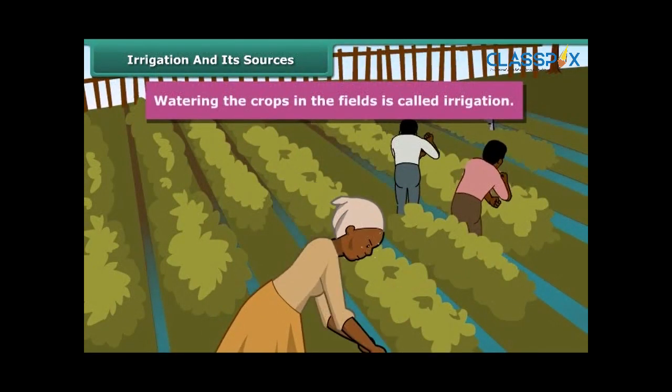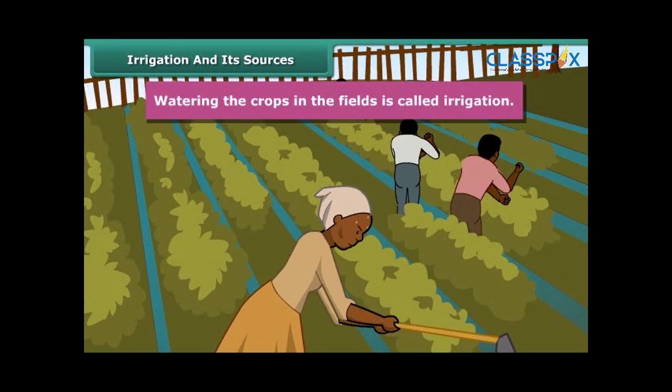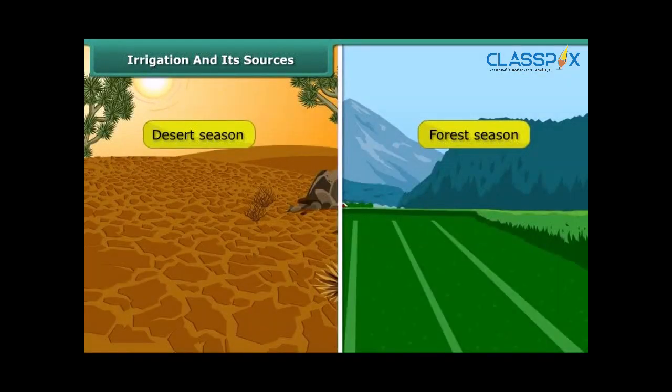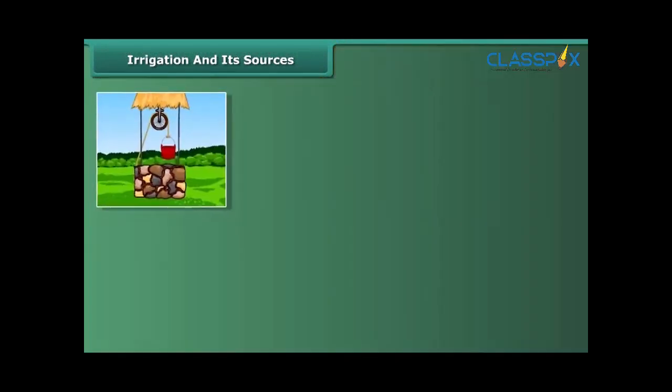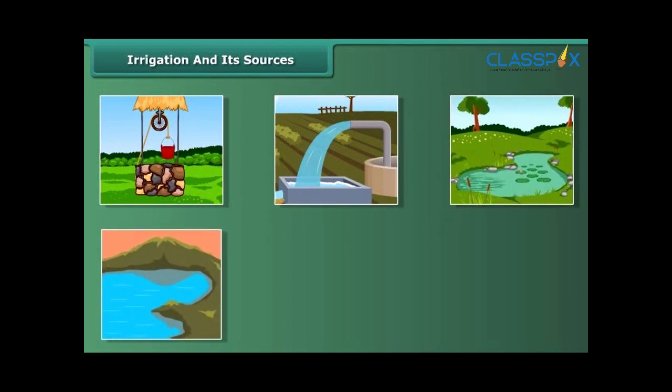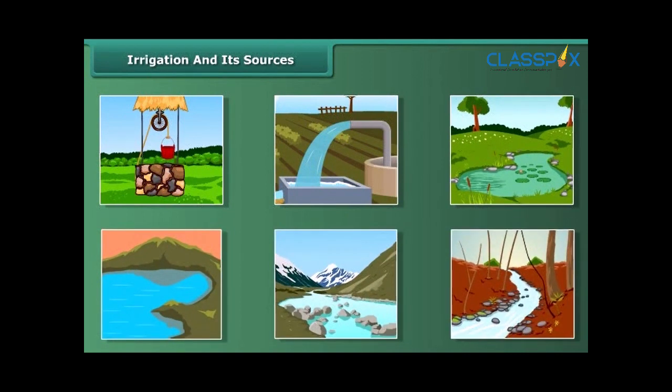Hence, watering the crops in the fields is called irrigation. The time and frequency of irrigation varies from soil to soil, crop to crop, and season to season. Now the question arises, what are the sources of irrigation? Wells, tube wells, ponds, lakes, rivers, dams, and canals are some of the main sources of water for irrigation.